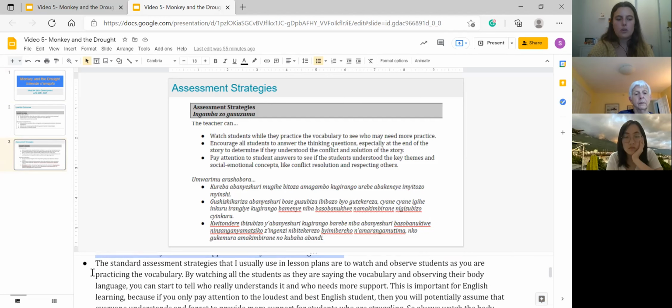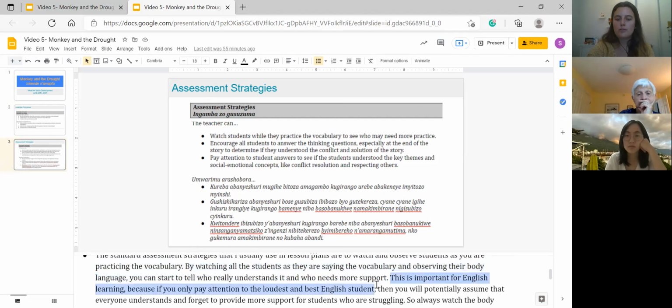So now to review the ones here. The first standard assessment strategy that I like to use in lesson plans is to watch and observe students as you're practicing the vocabulary. By watching all the students as they are saying the vocabulary and observing their body language, you can start to tell who really understands it and who might need more support.